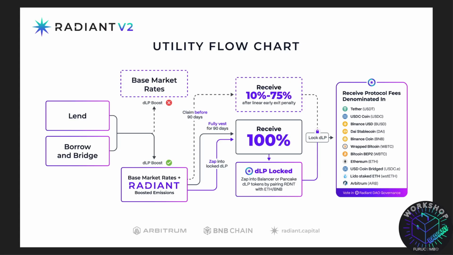You can just vest that, or you can change all those tokens back into the locked DLP. That would be your Ethereum Radiant pool. That way you'll receive 100% of the rewards, and the DLP will be locked for some time period. Then you'll get the protocol fees of basically every token that is borrowable on Radiant.